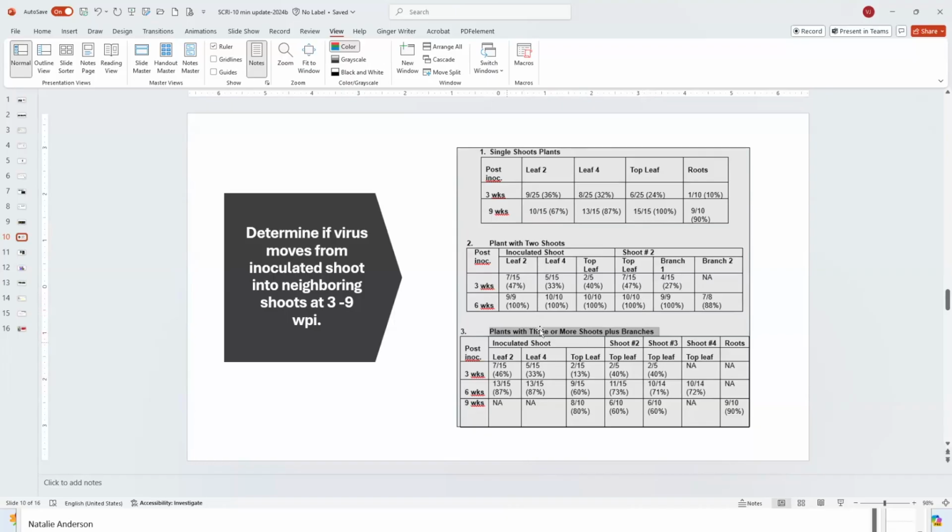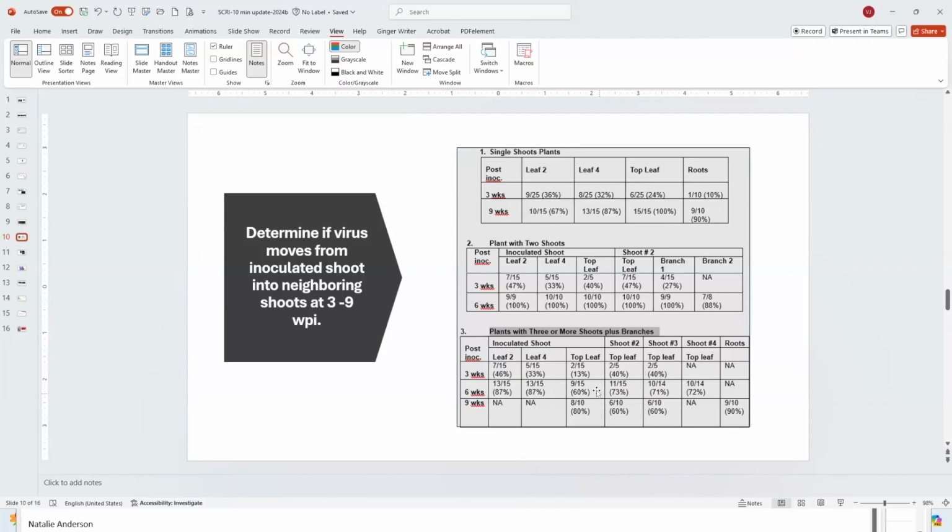So if we go over to plants with 3 shoots or multiple branches, we looked at the inoculated shoot and the neighboring 2, 3, and 4 shoots. And at 6 weeks, we're able to see virus distribution across each of the shoots. In the neighboring shoots 2, 3, and 4, we just decided to study the uppermost leaf, the youngest leaf of that shoot.